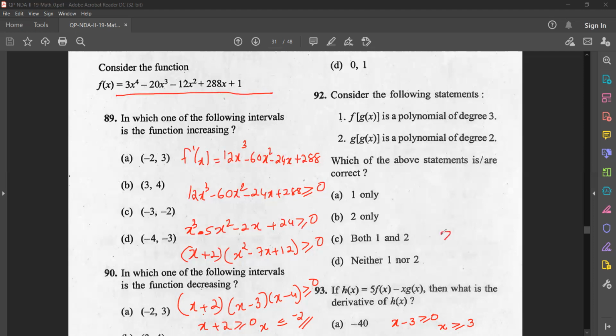Then x minus 4 greater than or equal to 0. That means x greater than or equal to positive 4, isn't it? So where is this an increasing function? That is an increasing function in the interval 3 to 4. 3 comma 4. So my answer is option B, 3 comma 4.